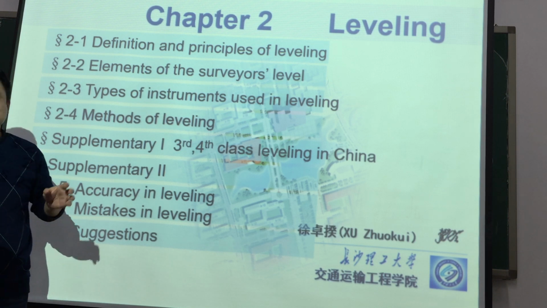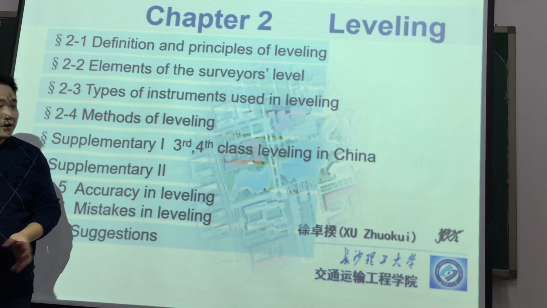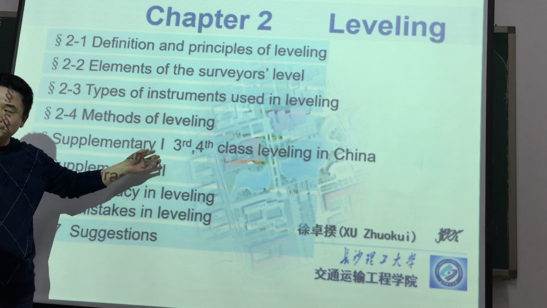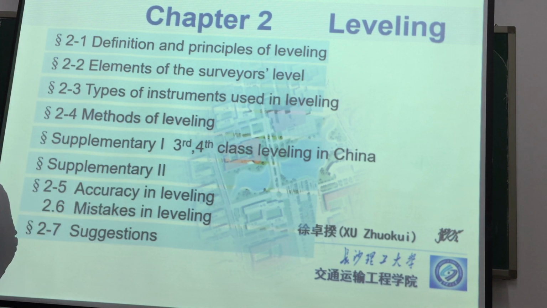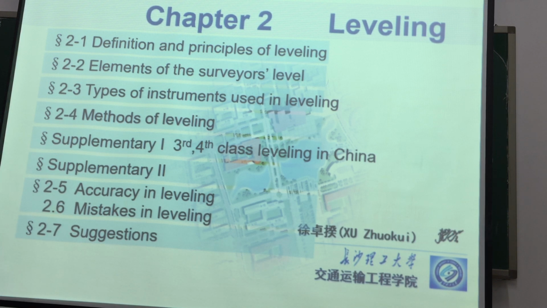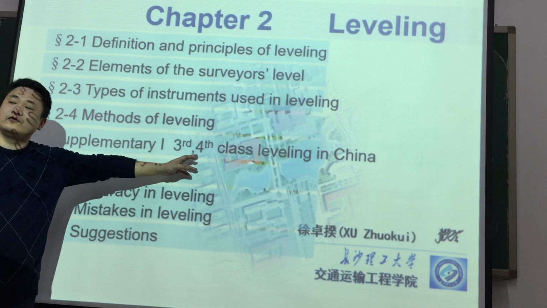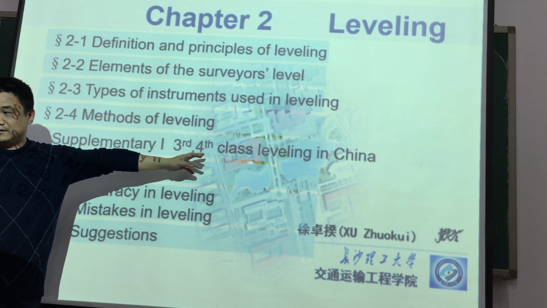But for engineering projects, we say the first principle is we must establish the control framework first. So if you want to do control survey, we must use 3rd or 4th class leveling.